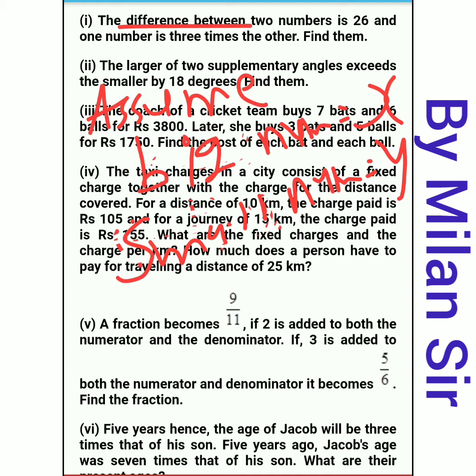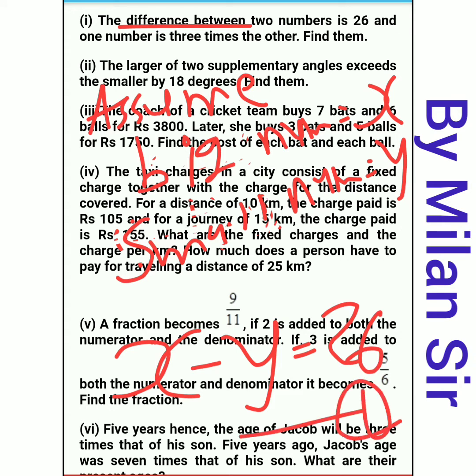So big number x minus small number y is equals to 26. This is our first equation, because here it is given that the difference between two numbers is 26. Okay, our first equation is ready.